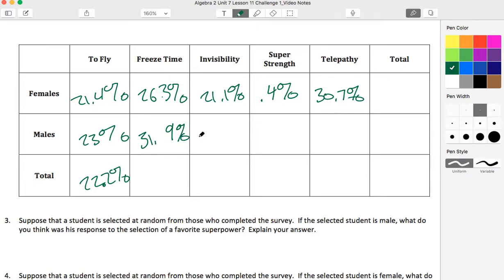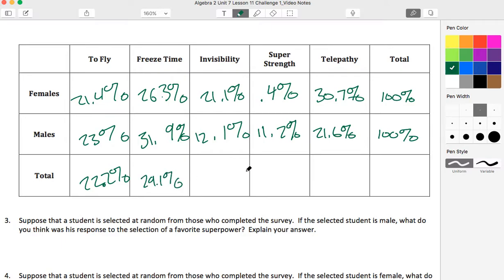So practice converting your decimals to percentages right now while I focus on writing these percentages correctly. Almost done. Did you write down your percentages next to all your decimals? You should go back and do that.